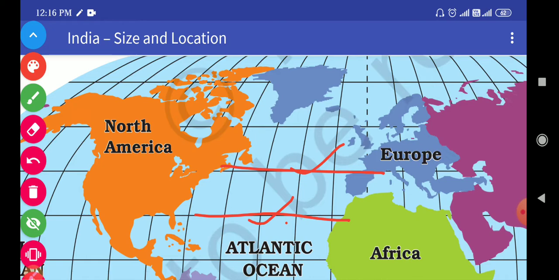Suppose a country does not fall on an exact latitude, as you see Africa, it is lying between these two latitudes. So we have to count what the degree is, and according to that we mark the location. So I think it is clear.